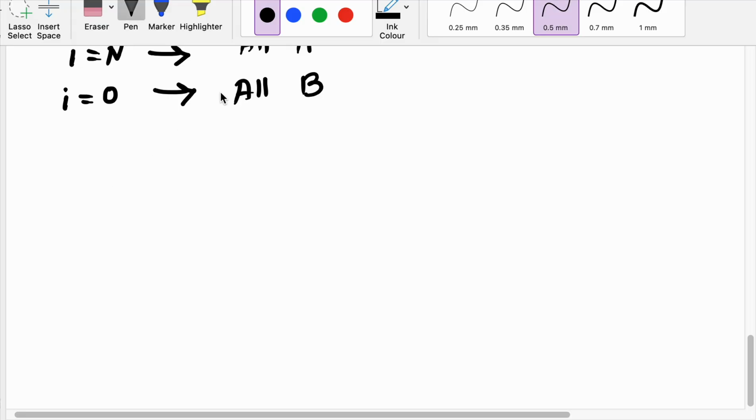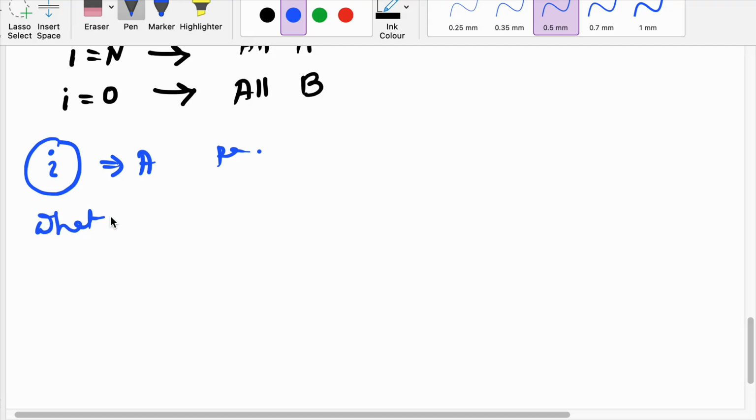Now the question is, what is the probability? Suppose in the population I number of A type individuals are present. Now I ask, what is the probability that I will become n?